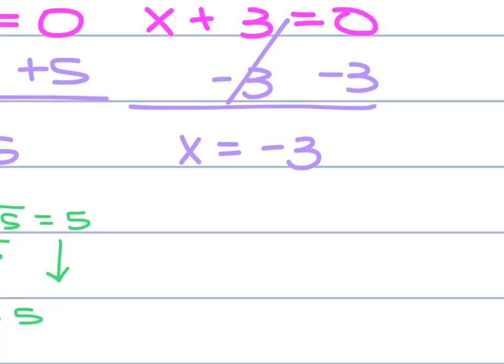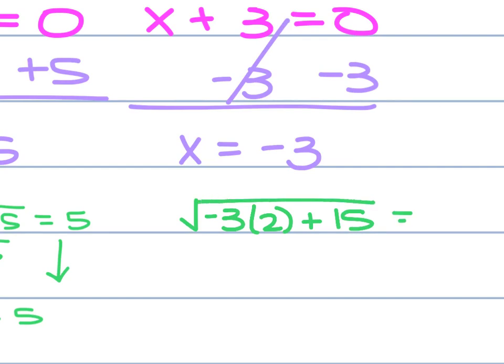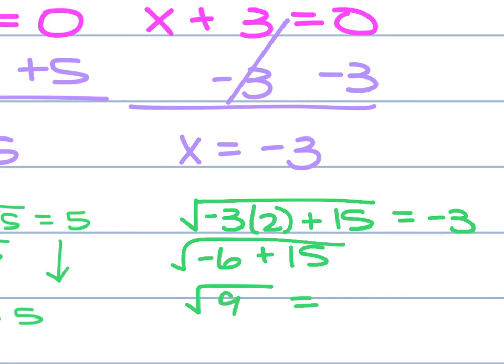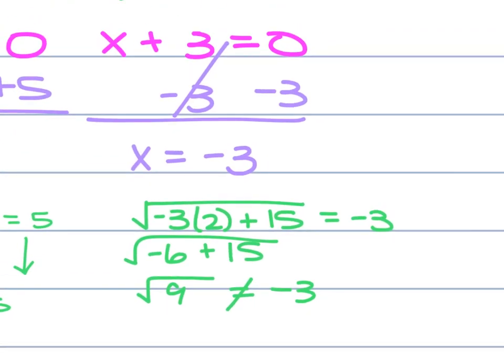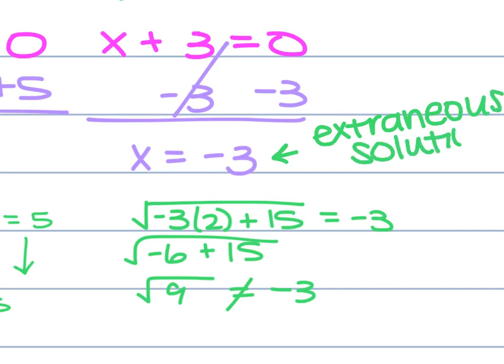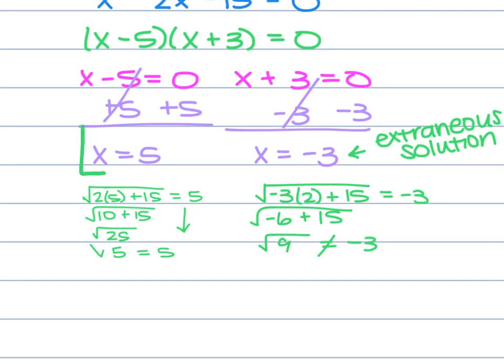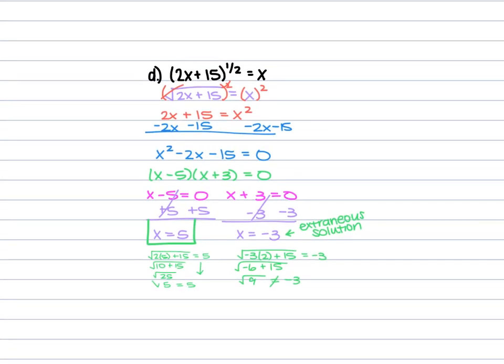If we check the negative 3, we have the square root of 2 times negative 3 plus 15 is equal to negative 3. 2 times negative 3 is negative 6, plus 15 is 9. The square root of 9 is not equal to negative 3. So this negative 3 is an extraneous solution. And then the x is equal to 5 is our other solution.